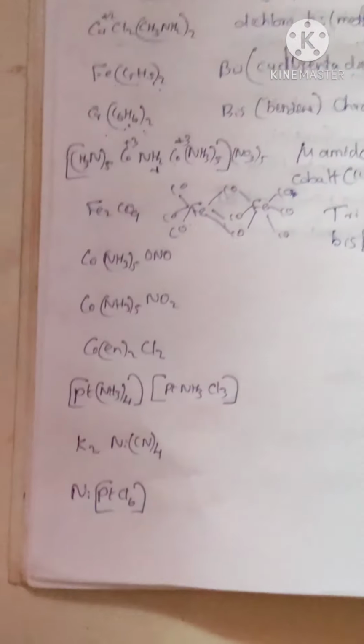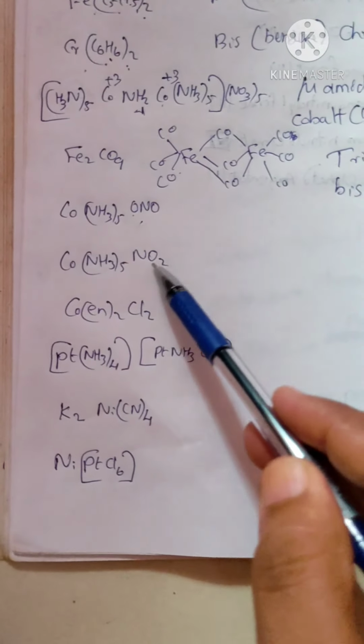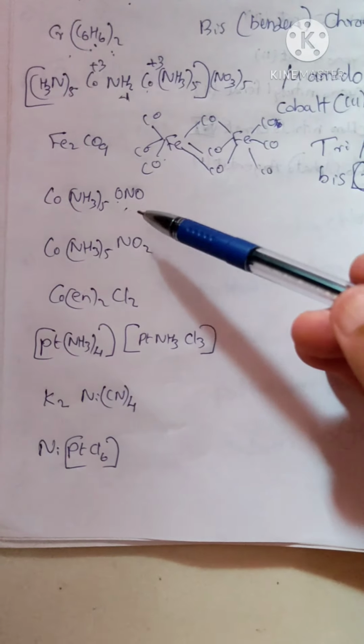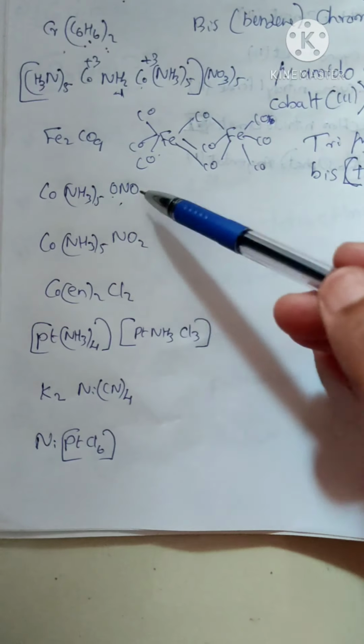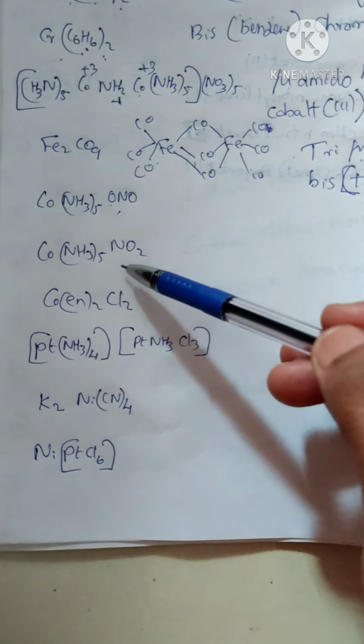Okay. Next, in this case, this is nitro group connecting with oxygen and nitro group connecting with the nitrogen. Both are pentamine cobalt. In both the cases the oxidation state of cobalt is 3. So if it is connecting through oxygen, we will tell it as nitrito. If it is connecting through nitrogen, we will tell it as nitro.